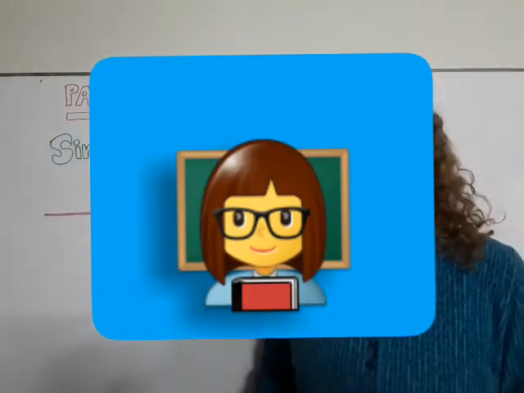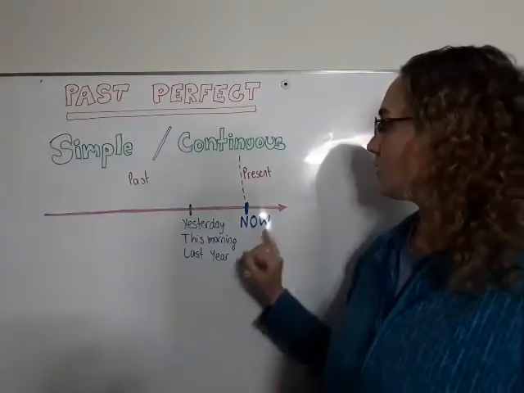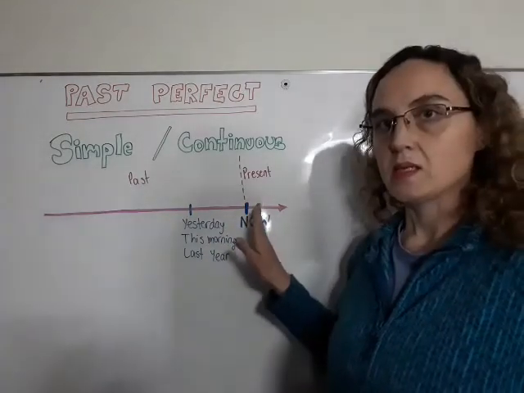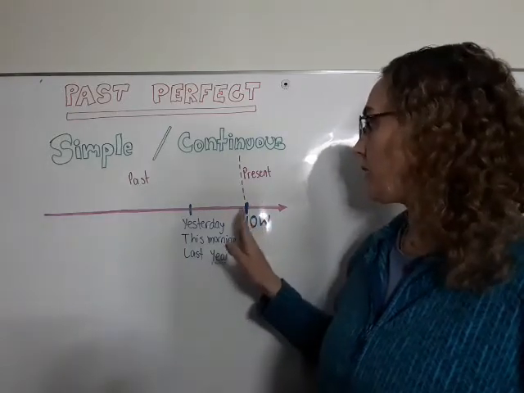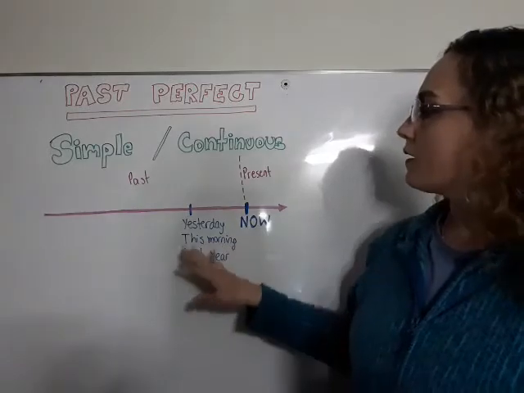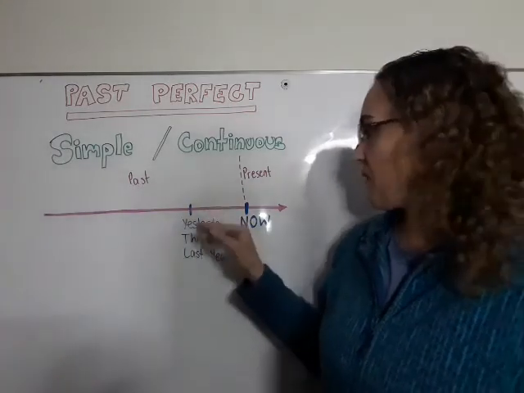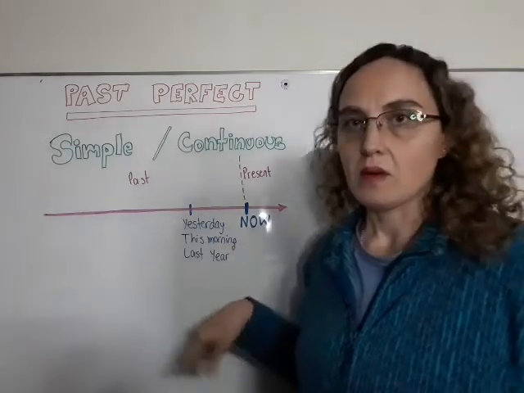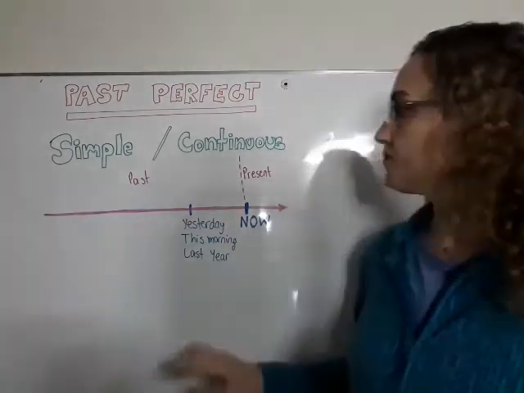To understand the uses, I have drawn a timeline, okay? Here is the present now, and obviously everything that is before that is the past, okay? I have marked any time in the past, for example, yesterday or this morning or last year, never mind.